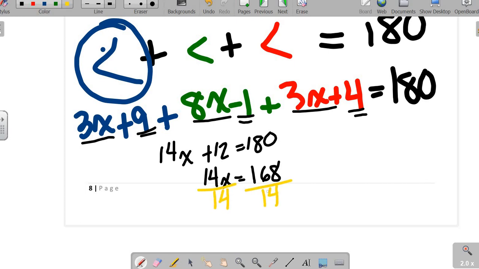Of course, we divide by 14. And we know 10 times this is 140. And if you take 2 more, that would make 28. So this x equals 12.